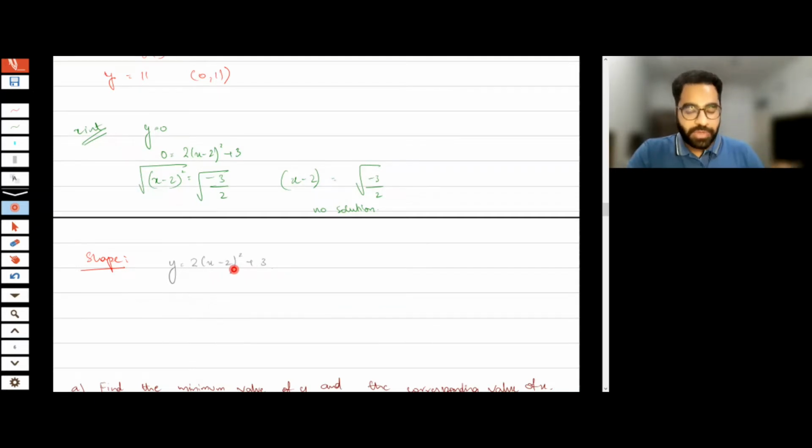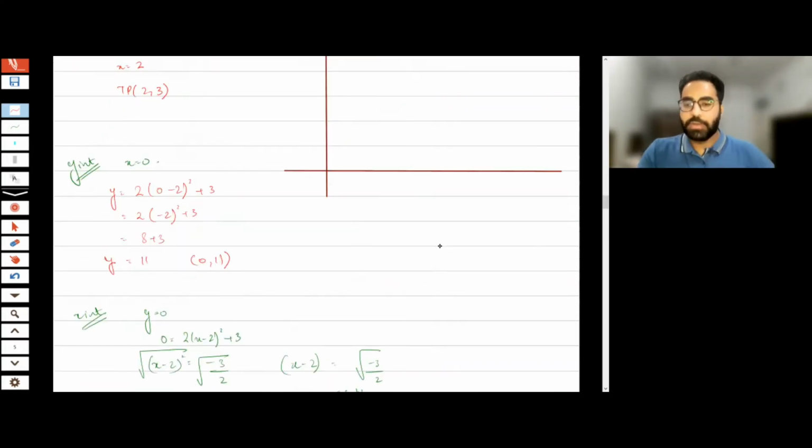You just need to use your brain a little bit and figure out what the coefficient of x squared will be. So the x squared coefficient would be positive 2. So the coefficient of x squared is positive. Therefore, I'll get a minima. So the shape of the quadratic curve would be this.